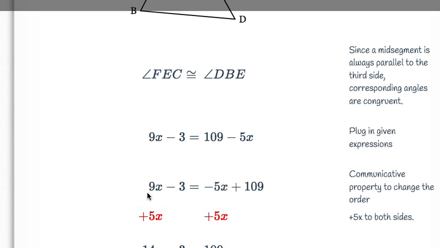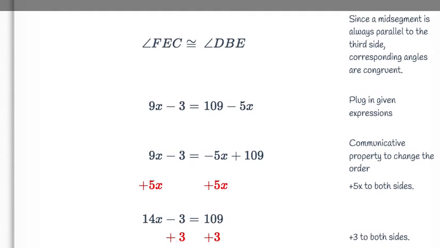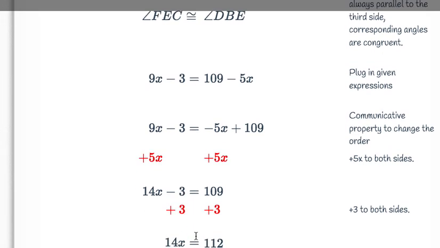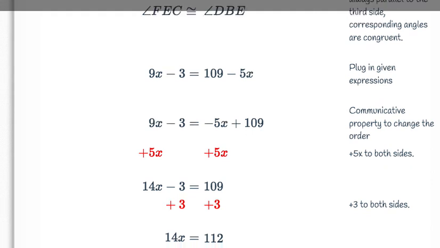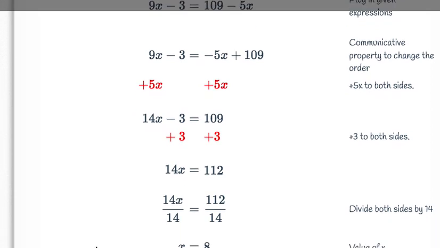We're doing algebra. And now from here, we are going to add 3 to both sides to get rid of this 3. And you should be left with 14x is equal to 112. Now the only thing left to do is to divide both sides by 14 to get 8.